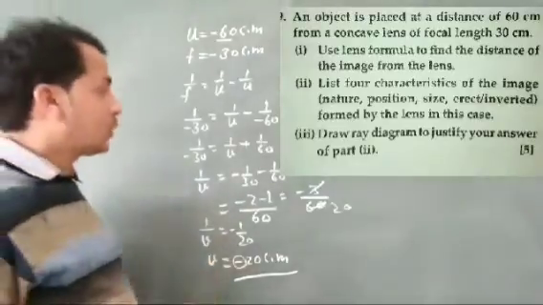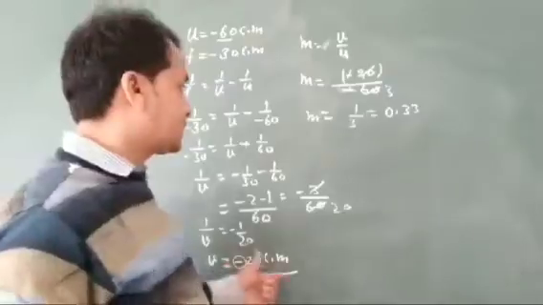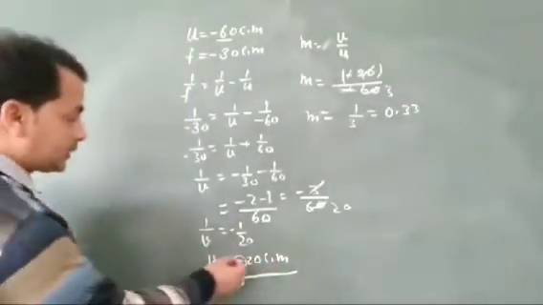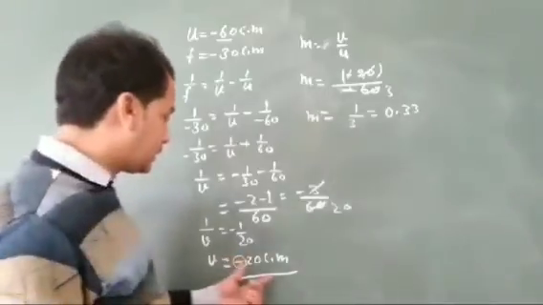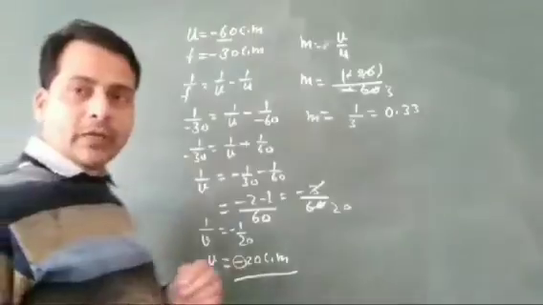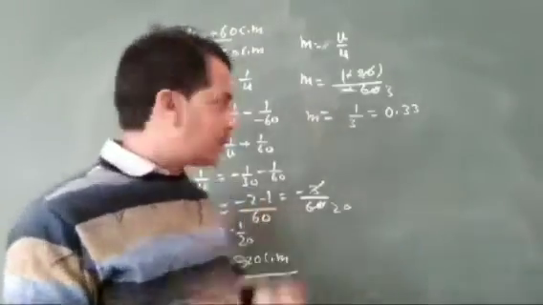According to the question, what are the nature, position and size of the image formed by the lens in this case? The negative sign of the image distance indicates the position of the image is on the same side as the object.